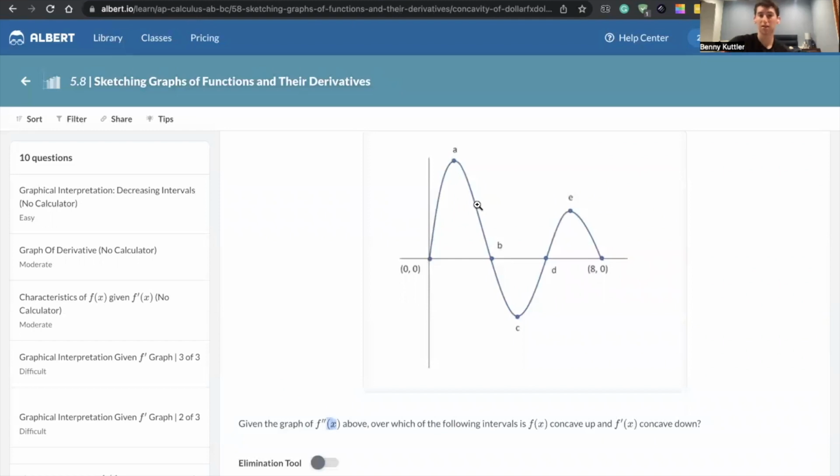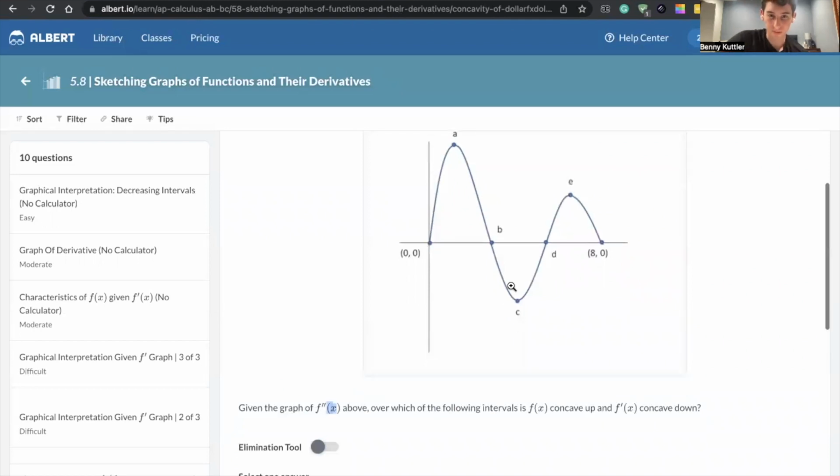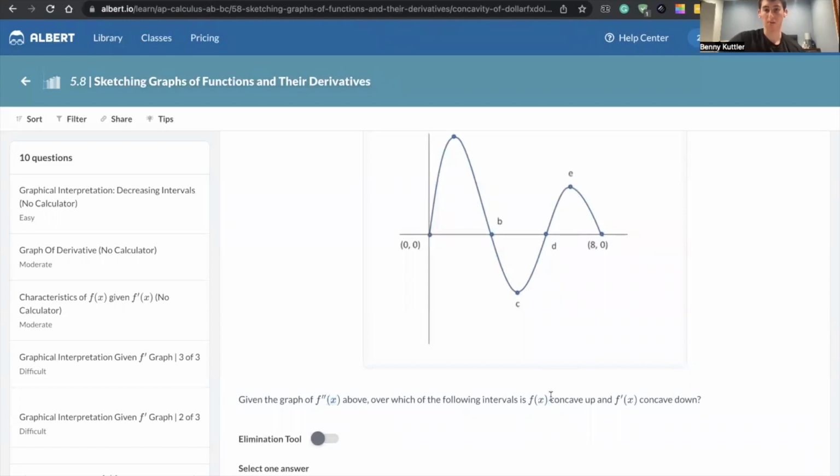So to find if f of x is concave up, we just look, when is this graph positive? When is it more than 0? If we look from here to here, it's more than 0.